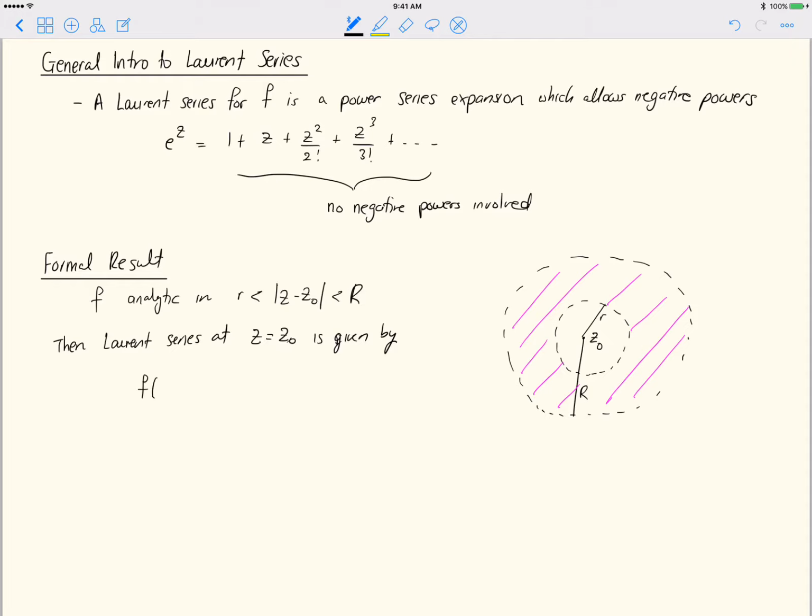So the Laurent series at z equals z0 looks something like this. f of z equals the sum from negative infinity going all the way to infinity of some coefficient which I'll call Cn, times (z minus z0) to the n. This is what's called the Laurent series for f at z equals z0.